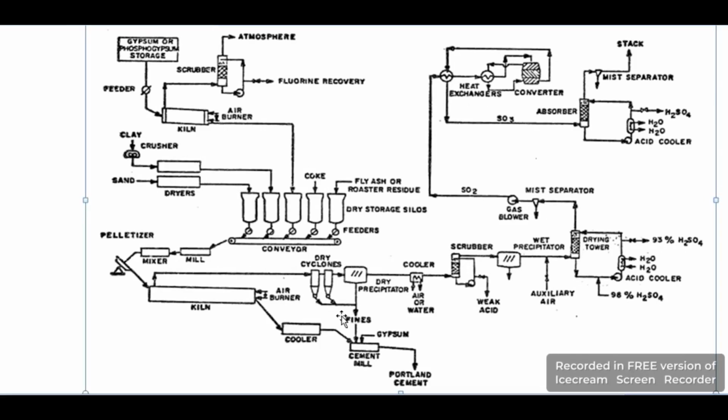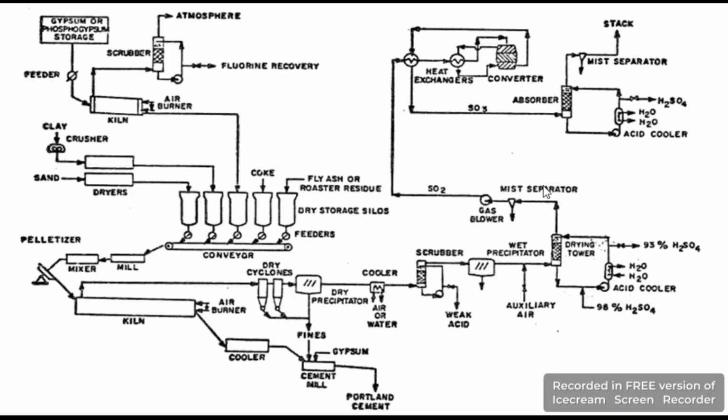After drying that gas, we will send it towards the cooling process, where it passes through coolers, and the coolant may be air or water. The cooling is necessary because that gaseous mixture has high temperature, as the kiln operates around 1400 centigrade temperature. After cooling, it is sent to the scrubbing process, where it is scrubbed by a weak acid, and during this process the moisture is mainly removed.